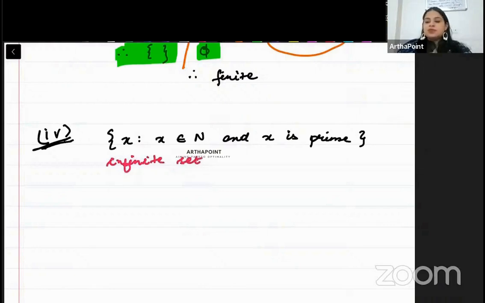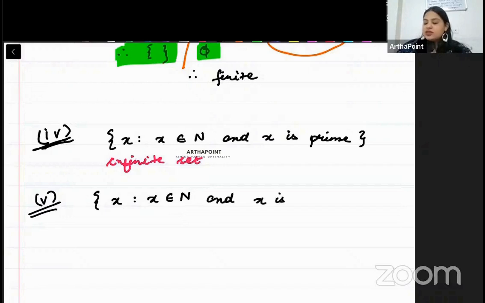Last. So I'm saying that fifth example, beta, x is such that x belongs to natural numbers and x is odd. इसमें क्या होगा?